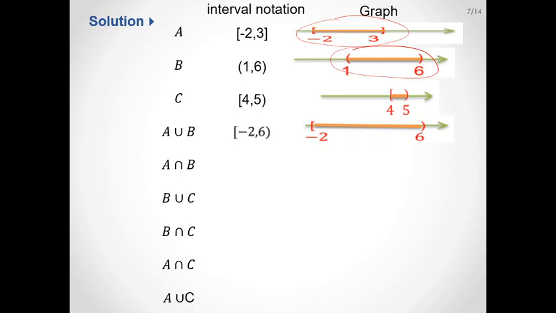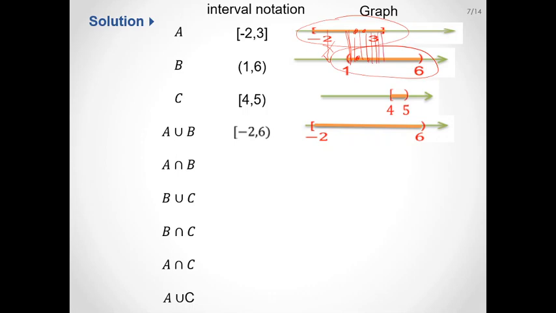Now A intersection B. In A intersection B, we want to find the points that are in both A and B, so they're common. These points, you see, are not common. But when we look at these points, they are in both A and B. So the intersection will be this part here.